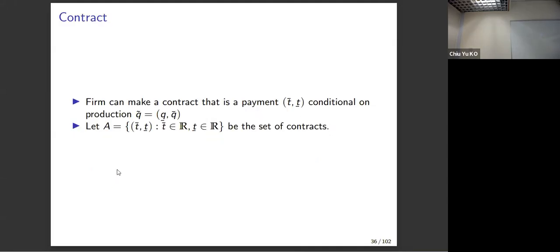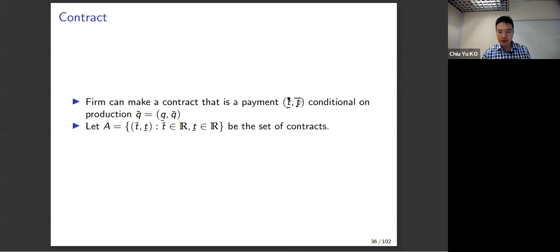So the contract is very simple. I observe the Q, the output. I want to have a nonlinear piece rate. For low output, I give a low payoff. Sorry, typo again. Low output, I give low payoff.